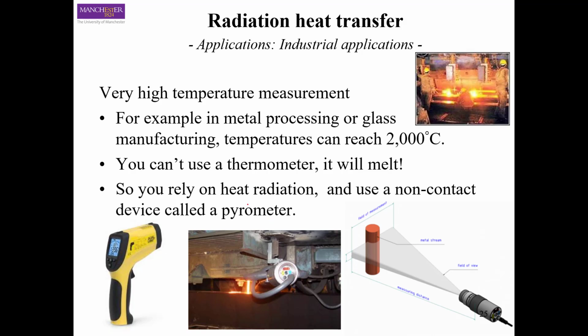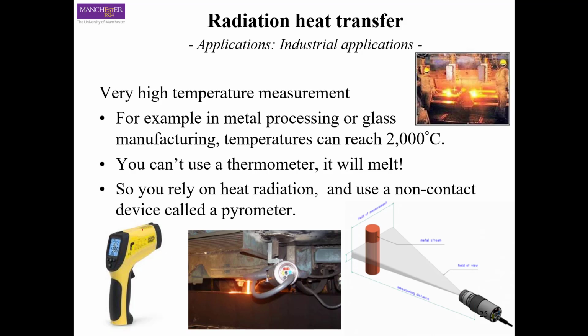This pyrometer uses the concept of heat radiation. How it works is that you emit a certain wavelength of energy, and when it hits this hot object, that changes the wavelength and the degree to which this object absorbs this radiation. So based on the wavelength and the amount of heat emitted or absorbed by this object, you can tell what the temperature of the object is.